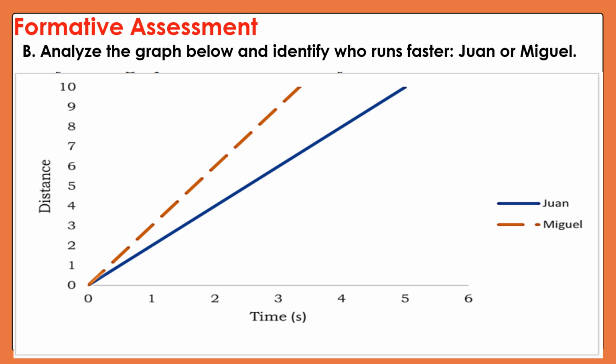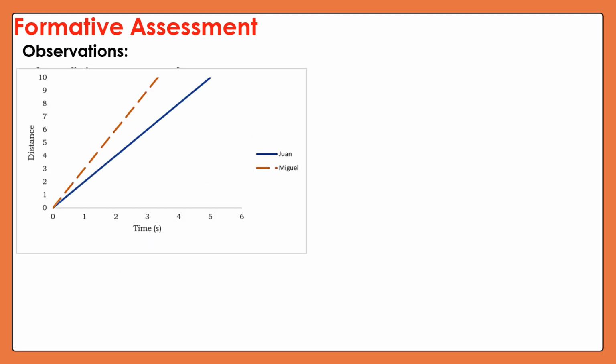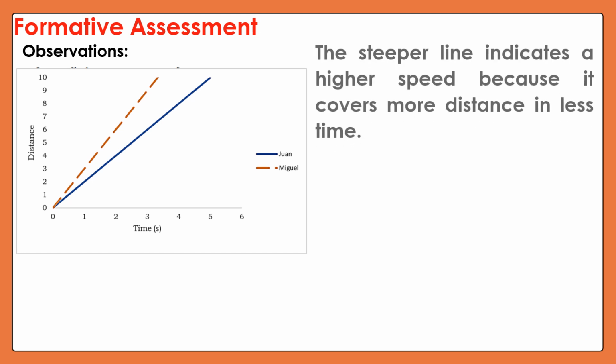Letter B. Analyze the graph below and identify who runs faster, Juan or Miguel. Observations.